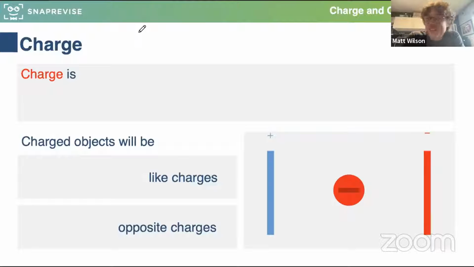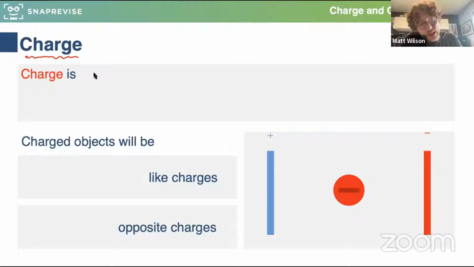And it can't be explained in terms of something else. It's just there. We've spotted it around. It exists and we can observe its behavior. So charge is one of these fundamental things that we explain lots of other things in terms of. Therefore, you're unlikely to be given a definition of charge. But if we tried to, here's the best attempt.